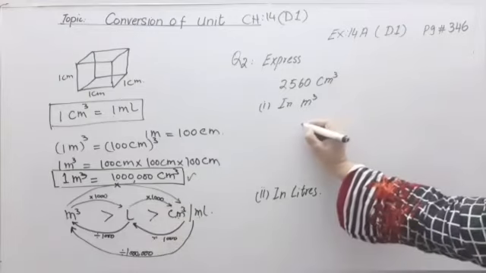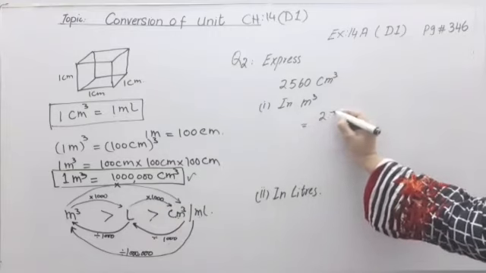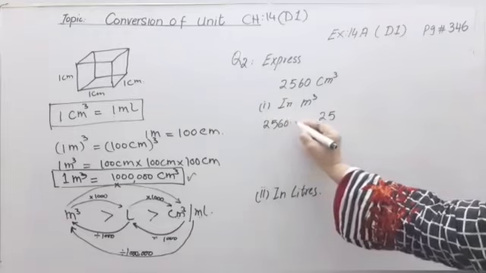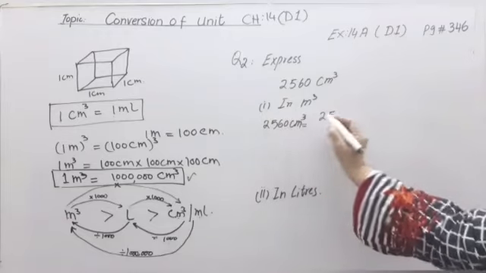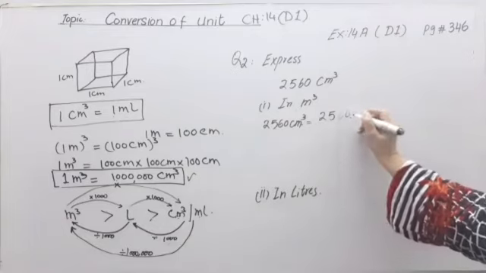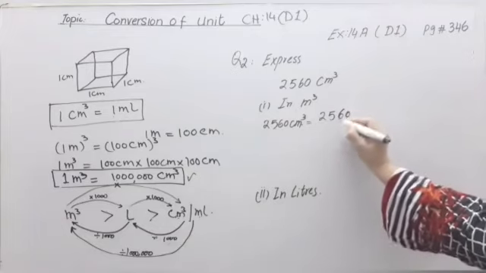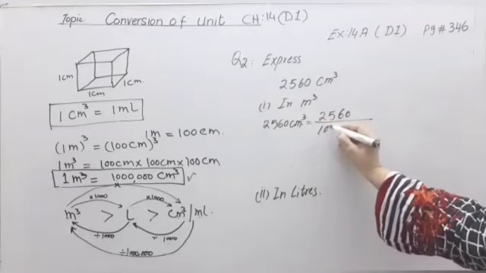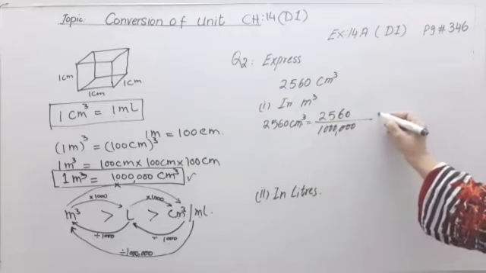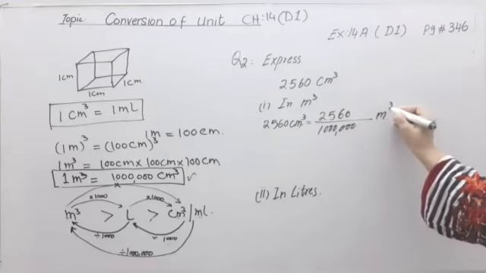So simply we divide the given number: 2560 cubic centimeter is equal to 2560 divided by 1 million cubic meter.